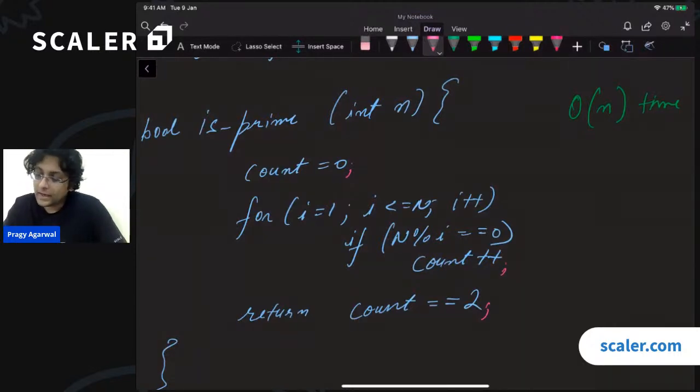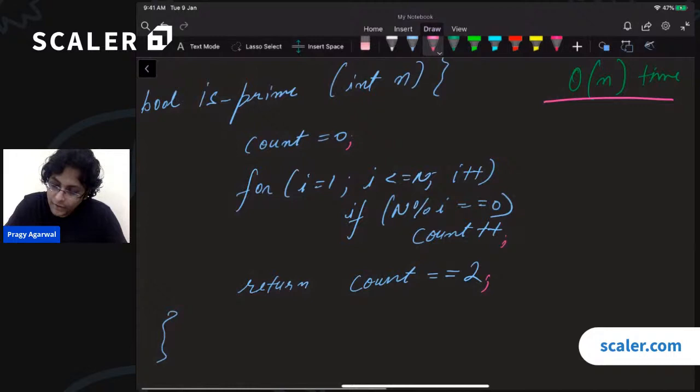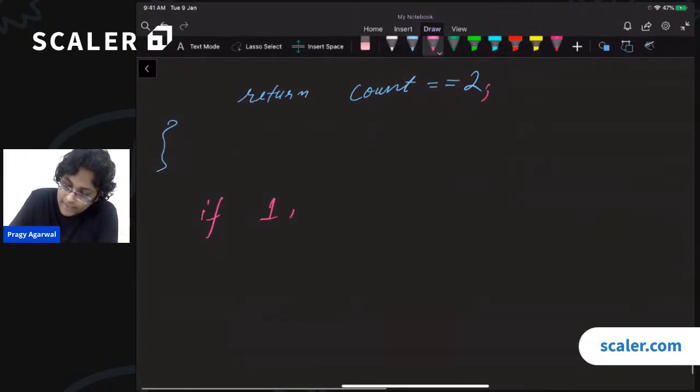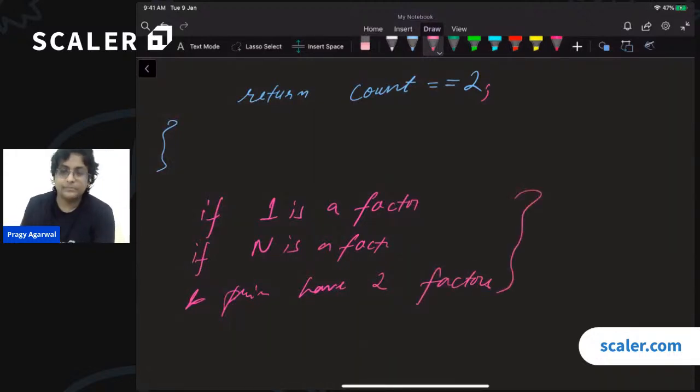So we see that this is linear in time, but we already know that we can improve this a lot. How can we improve this? Instead of going from 1 to n, note that 1 is a factor, n is a factor, and prime numbers have exactly 2 factors. What does this mean?